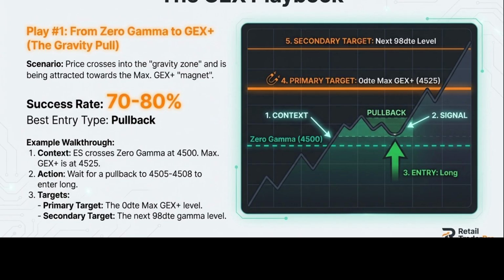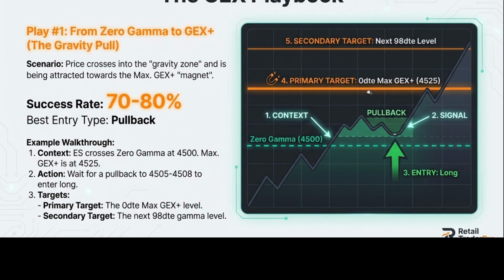in our ladder we have support and resistance that is not 0 DTE. We have another kind of Gex level that was extracted from SpotGamma, the 98 DTE. Combining this 0 DTE with 98 DTE, we have to take into account all this information, which gives you what you can find in the next zones.